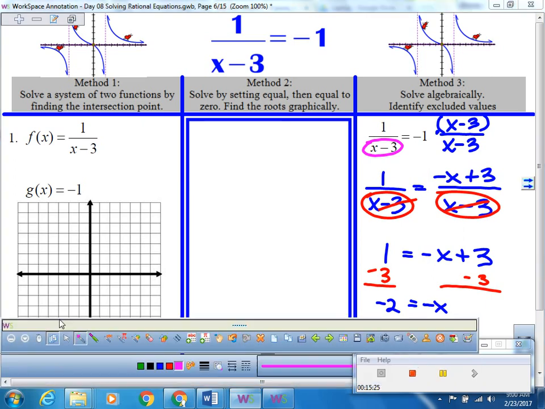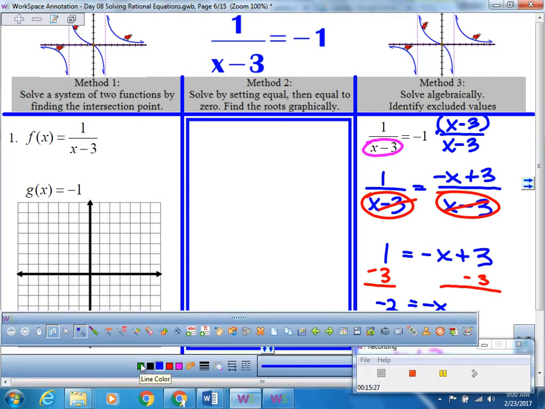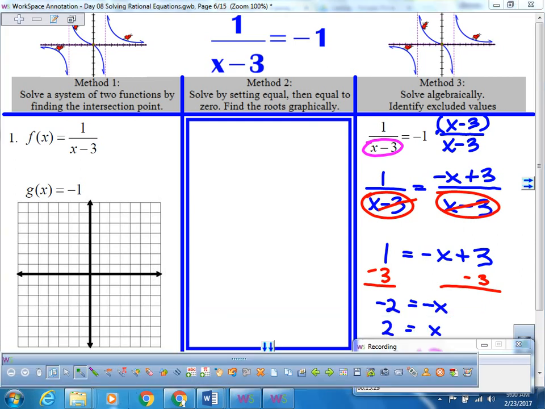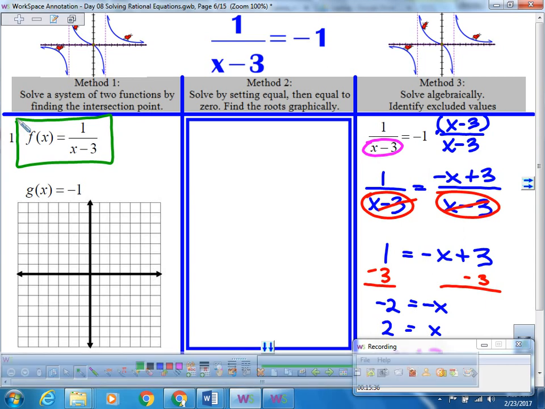So I'm going to start off with, let's go with green. I'm going to start off with this function. I'm going to graph, and this is a really good end of the unit exercise because this takes us back to our graphing, which you're going to be tested on next week, right? So I'm going to graph 1 over x minus 3, so what's my only shift? To the right 3.